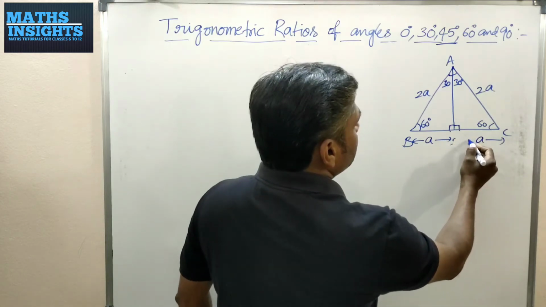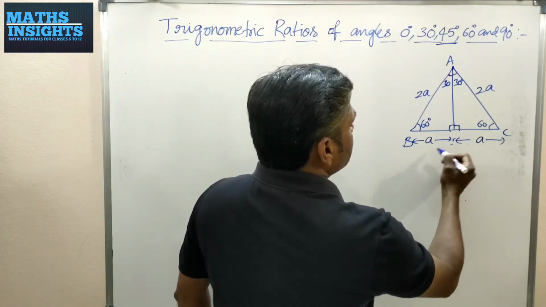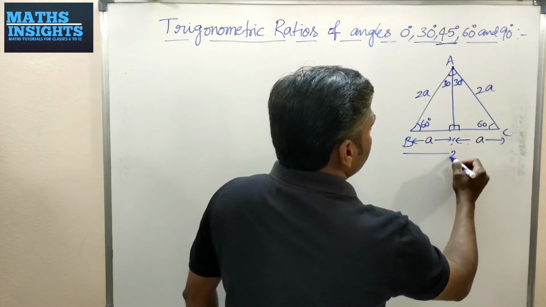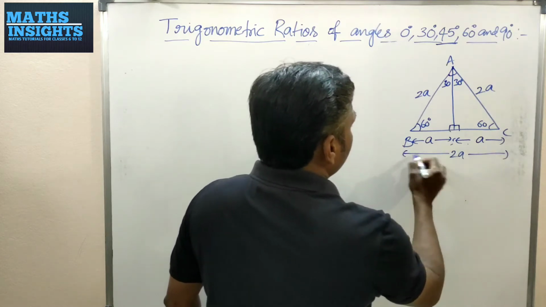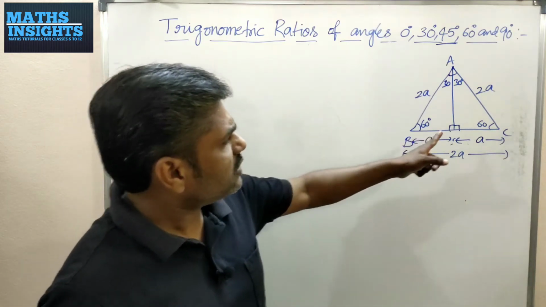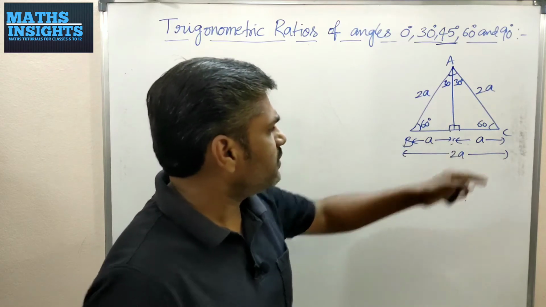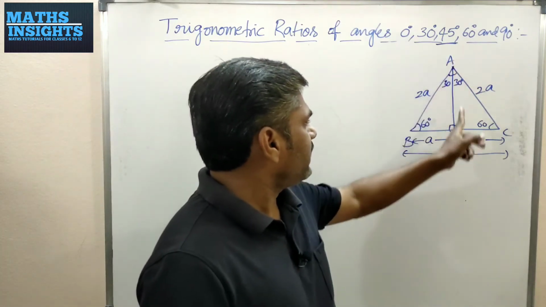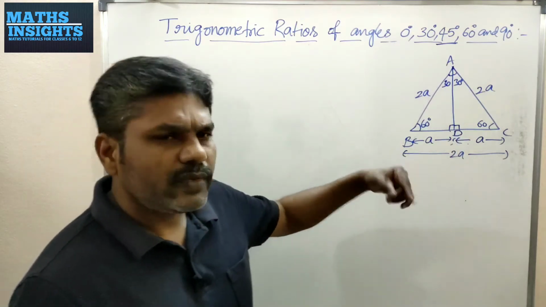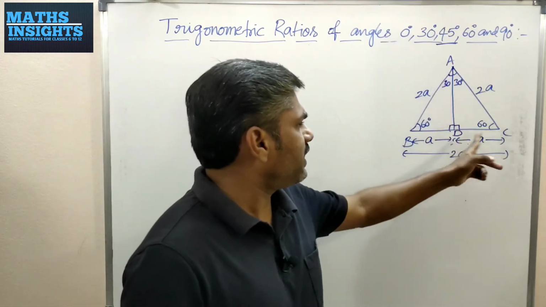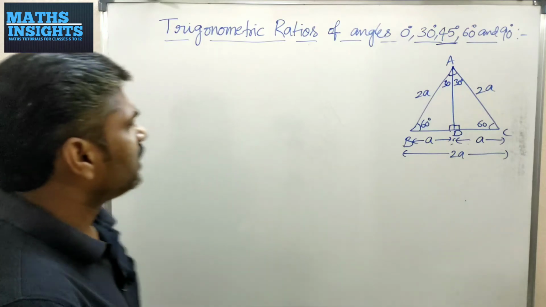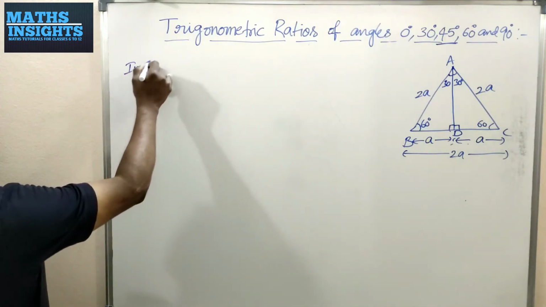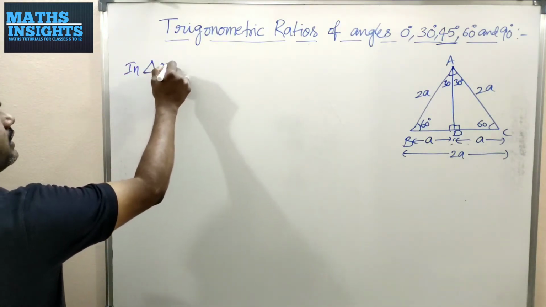So actually here also a, and this total will become 2a. Let this perpendicular meet the side BC at D. Now I am taking right triangle ADB. You may take right triangle ADC also, both are the same. I am taking triangle ADB.